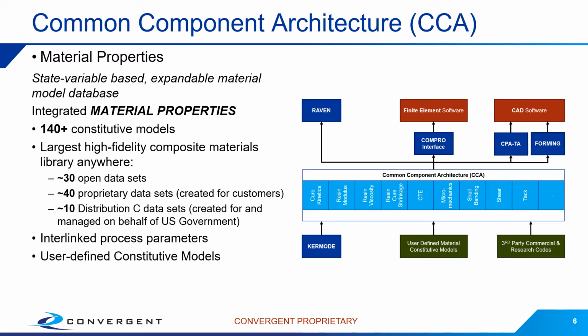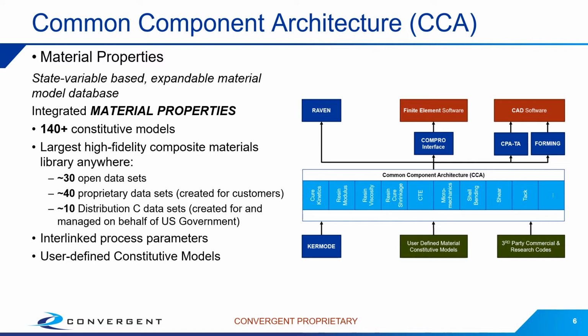So a core component to our software offerings is the common component architecture. So our material properties are state variable based and based on an expandable material database. So we have over 140 constitutive models integrated into our common component architecture. So everything from cure kinetics to viscosity to CTE to shear and tack.